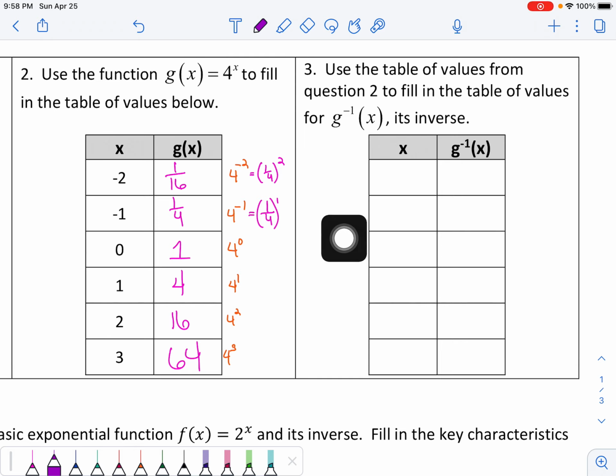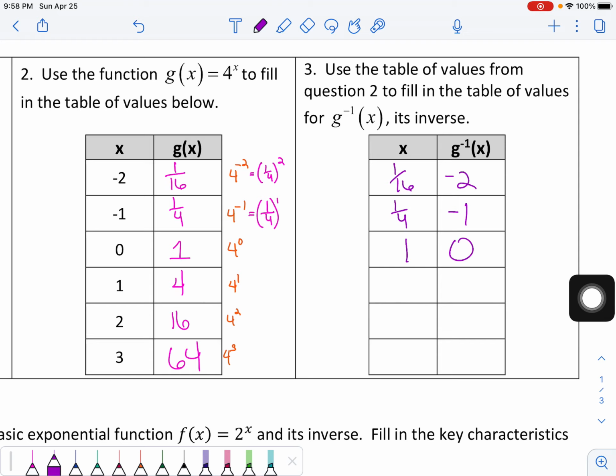When we look at inverses, what we want to do is take the x values and the y values and swap them. So where this function has the point negative 2, 1/16, I'm going to flip that here. So this would be 1/16, negative 2. And I'm going to keep doing that for the entire list. So 1/4, negative 1.